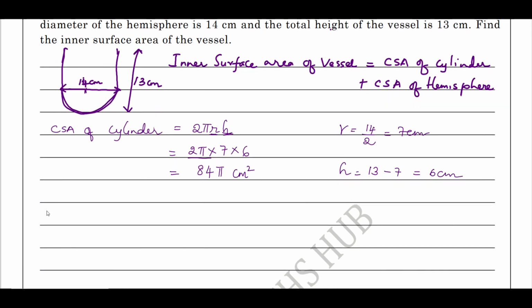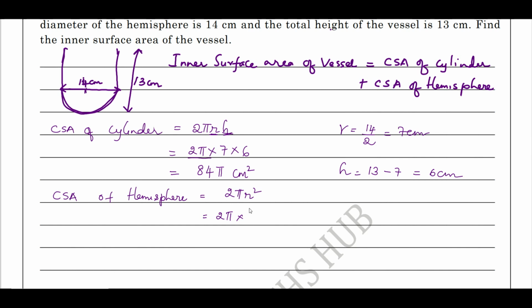In the same way, I'll calculate the CSA of the hemisphere. The CSA of a hemisphere is 2 pi r square. 2 pi as it is into r square.